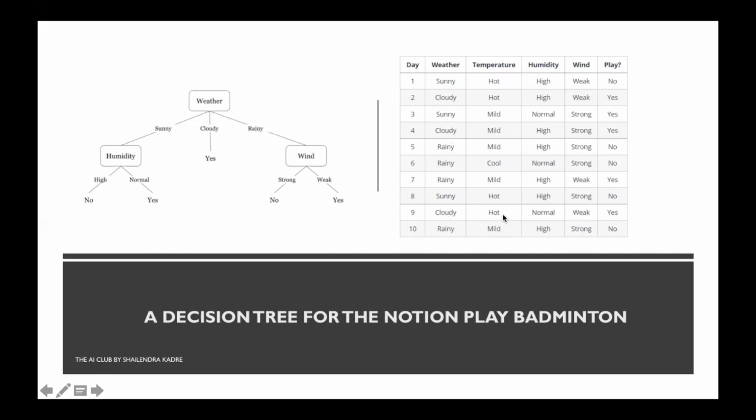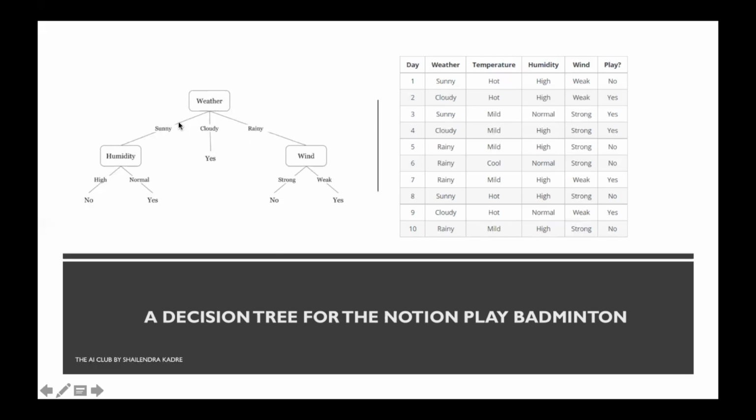So from the data, we can infer that whenever the weather is cloudy, the game is always going to happen, irrespective of the values of temperature, humidity, or wind. That is why in this cloudy branch we got a leaf node, the terminal node, which always says yes.